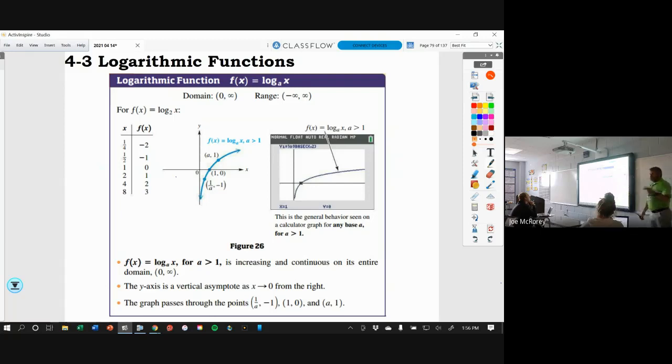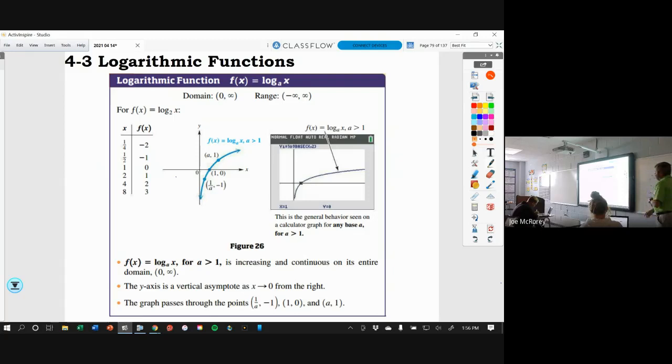If a function is always increasing, then it must have an inverse, right? Okay. We have a vertical asymptote, which is the y-axis. Exponential functions have the x-axis as an asymptote. Well, if you swap x and y, can you see that now the y-axis is the asymptote? Okay?